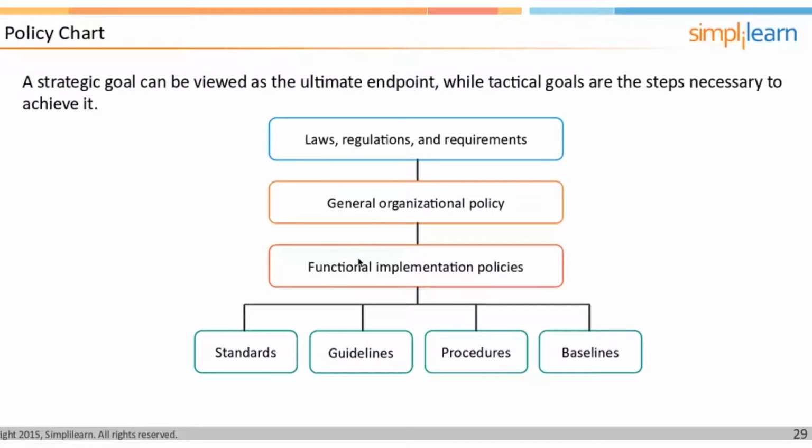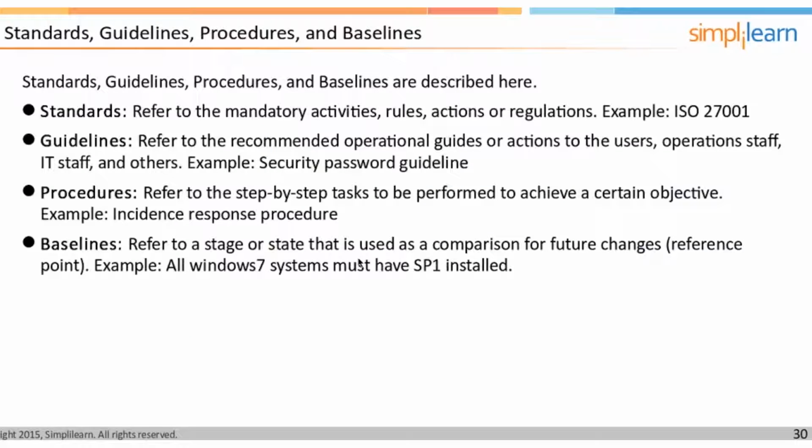So the organization has to follow the regulatory laws. Flowing from that is your general organization policy, and supporting these is your functional policies. Okay, so HR policies, IT policies, admin policies. So these are your various different policies, which are functional based. Now let's understand the different standards, guidelines, and procedures and baselines.